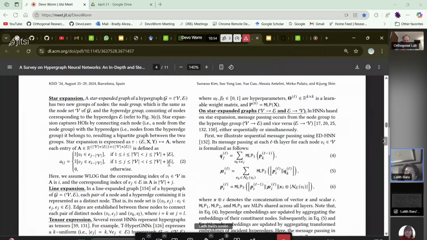Next, we see star expanded graphs, where we expand from the given hypergraph using star expansion. Message passing can occur from a set of node groups to the hyperedge group, and we can do the same from the hyperedge group to the node group. At the first layer, P stands for hypernodes and Q stands for hyperedges.